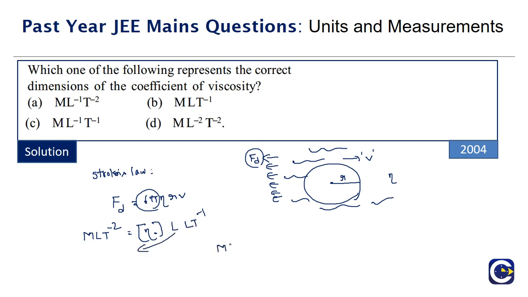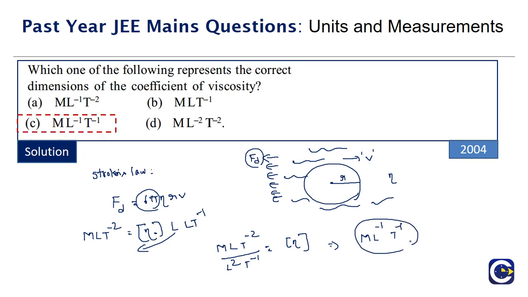What we'll finally have is M L T to the power minus 2 divided by L squared T to the power minus 1 will be equal to the dimensions of the coefficient of viscosity. Upon cancellation, we'll have M L to the power minus 1 T to the power minus 1. So this will be the dimensional formula for coefficient of viscosity, and the correct option is option C.